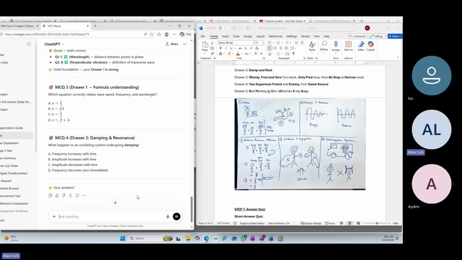Any idea? 3 and 4. 4 is C for Aiden. What about 3 and also Xingling? What about 3 and 4?